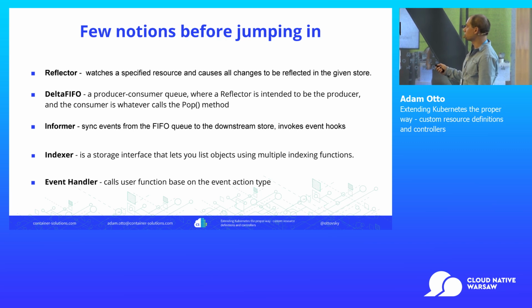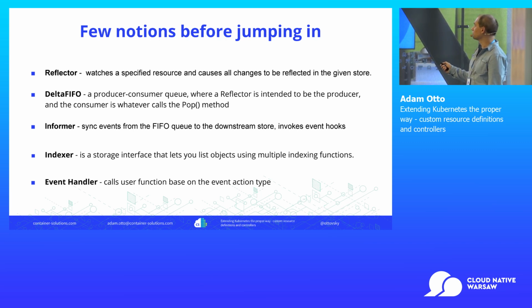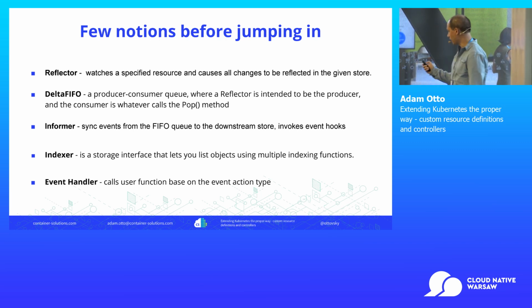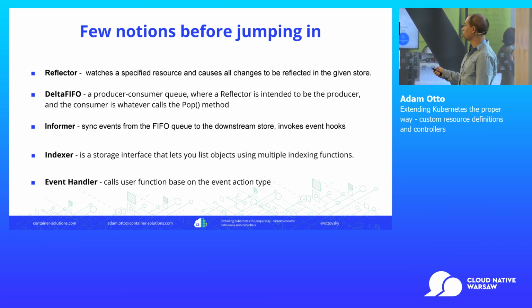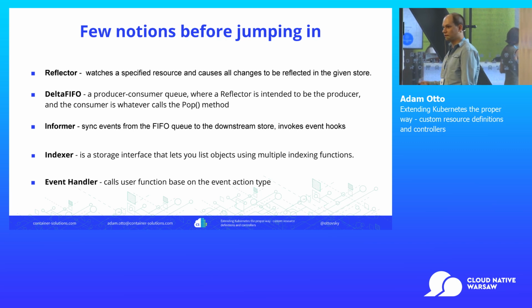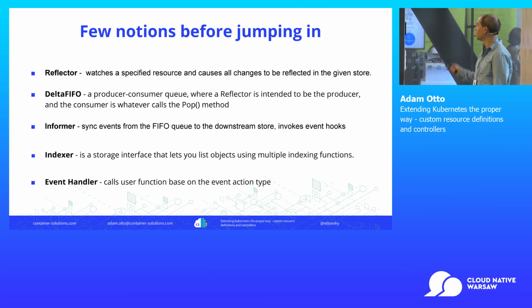The consumer here is the informer, and the role of the informer is to sync events from the FIFO queue to the downstream store, which is the cache in our case, and it also invokes the event hooks. The indexer is just a method which places the objects in the cache, and the event handler is the interface which calls the user-implemented functions based on the different event action types.